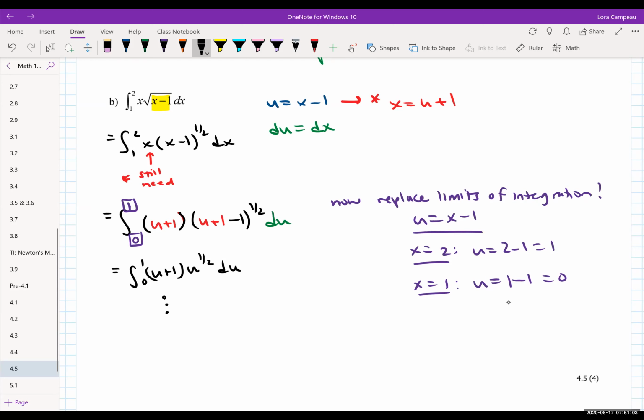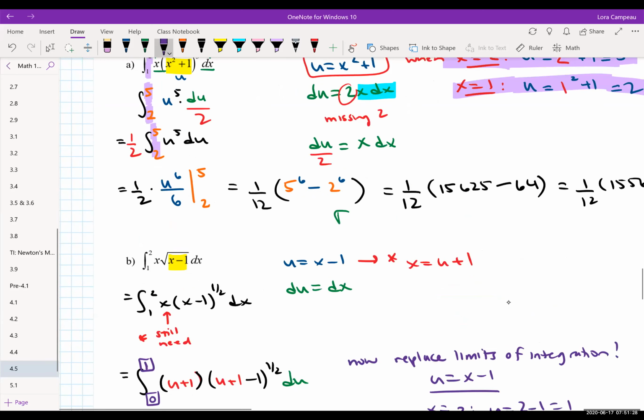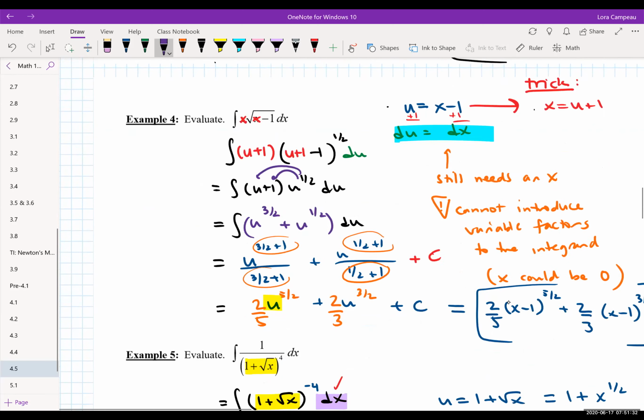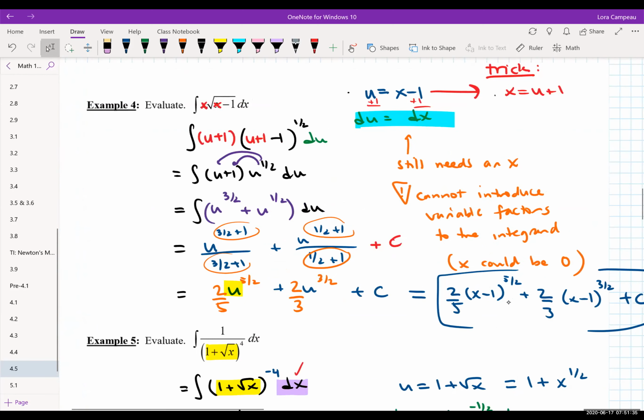But at the end, just so that you all can see this, after the integration we ended up getting 2/5 u to the 5/2 plus 2/3 u to the 3/2. But we have to remember we're evaluating all of this from 0 to 1. That's the new part, just so that you're not confused. That was this integral, so you can go back and check from there.